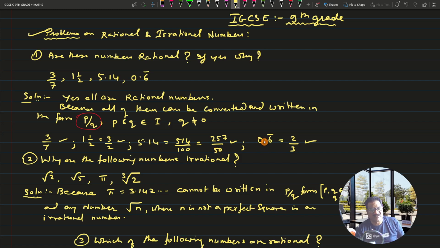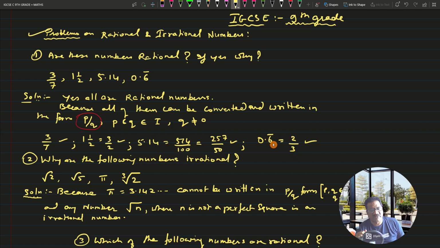And last but not the least, it is 0.6 bar. Now 0.6 bar means 0.66666. So 6 is recurring. This is a recurring decimal, or you can say this is a recurring fraction. Now the definition of rational number even says that any recurring decimal is a rational number. So 0.6 bar being a recurring decimal, it is a rational number. Or you can do one thing, this 0.6 bar can be converted into a fraction.